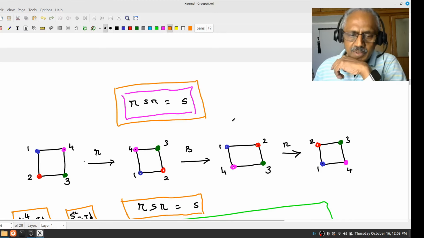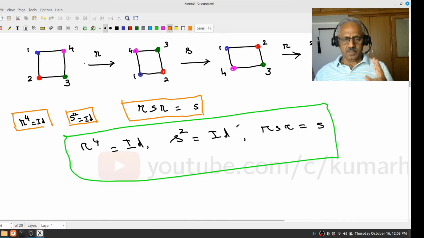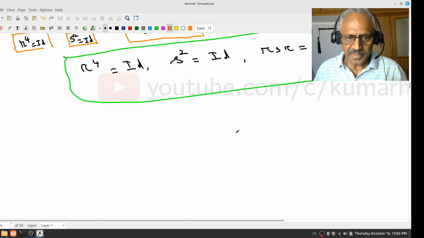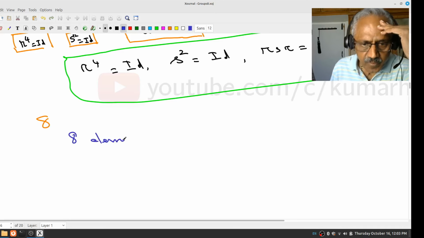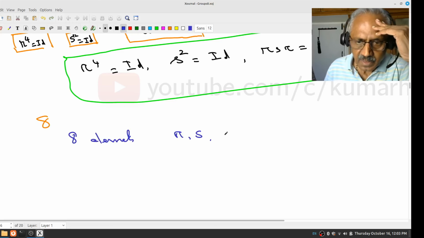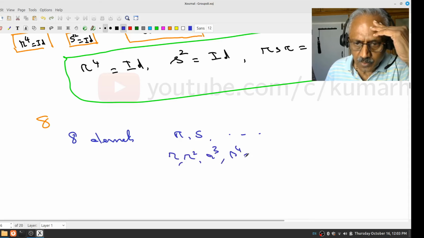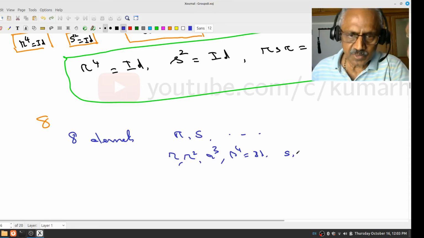So now we have 8 elements. R, R squared, R cubed, R power 4 equal to identity, and then there are other elements which I want to look at.